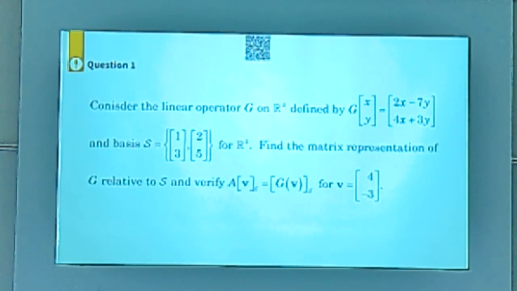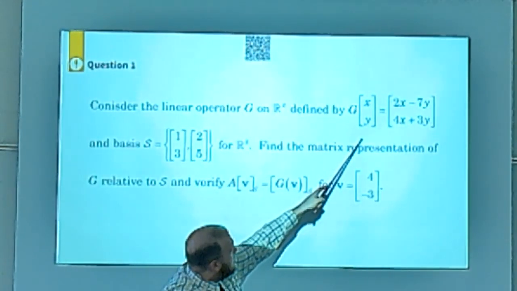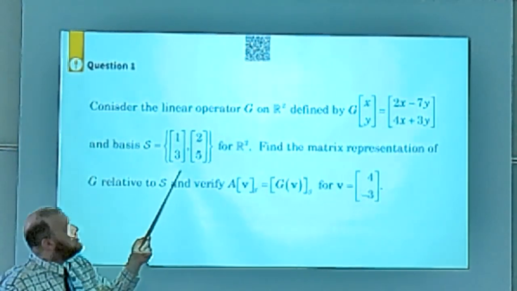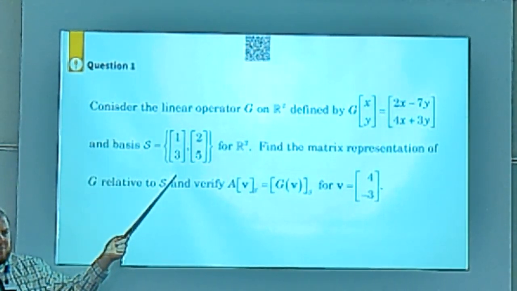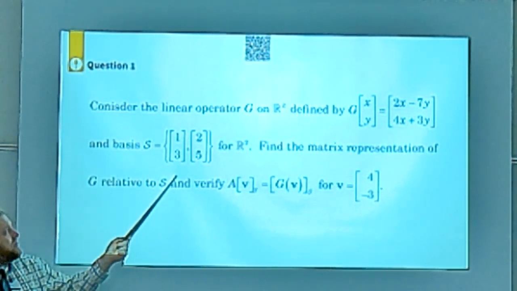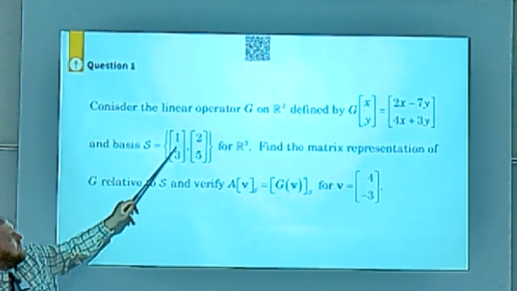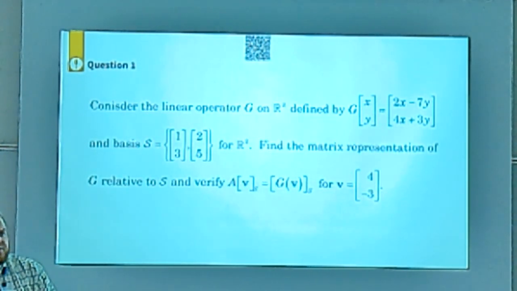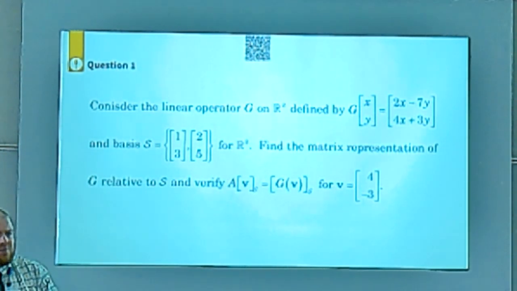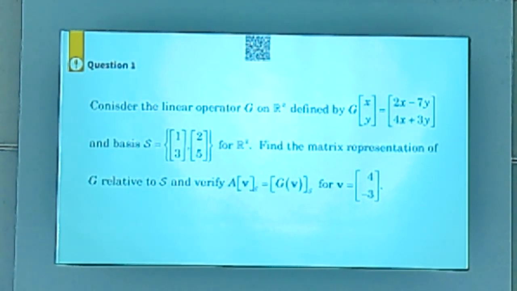So take (1, 3), plug it into G. 2 times 1, minus 7 times 3, 21, 2 minus 21, negative 19. There's your first entry. Then 4 times 1, 4, 3 times 3 is 9, 4 plus 9, 13. So negative 19, 13. Is that right? Yes.